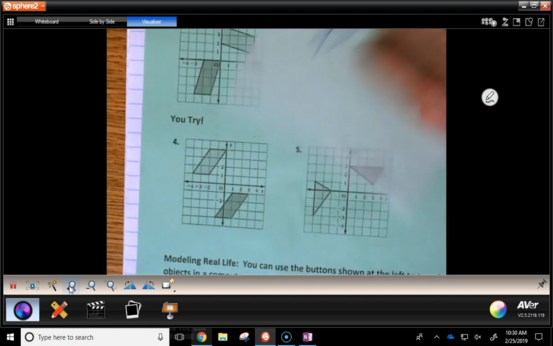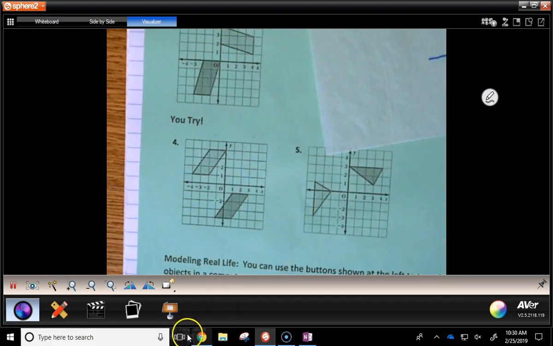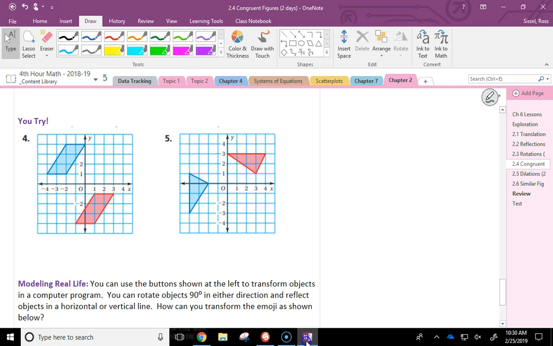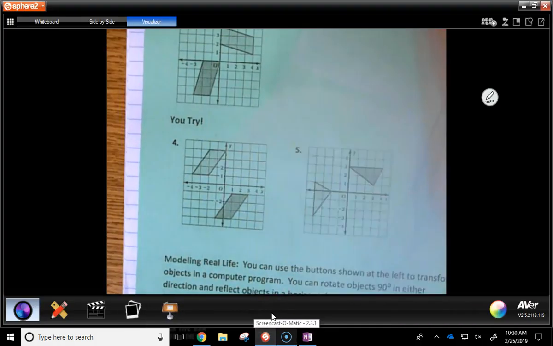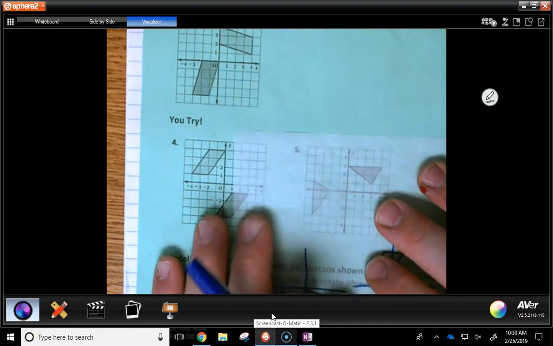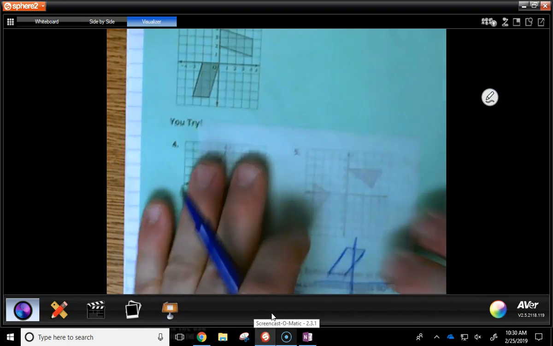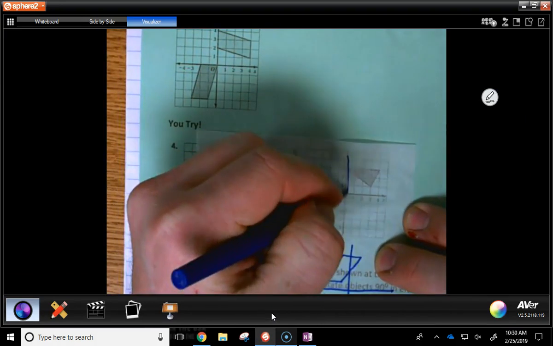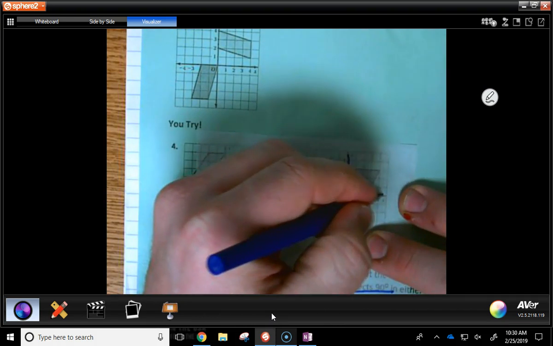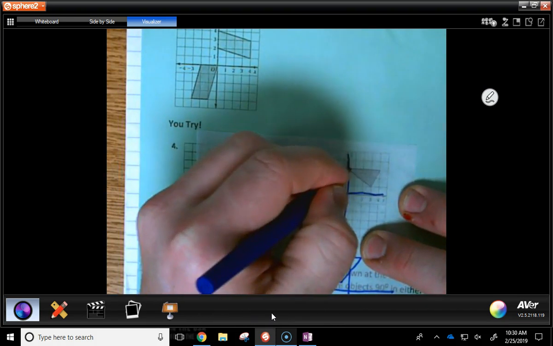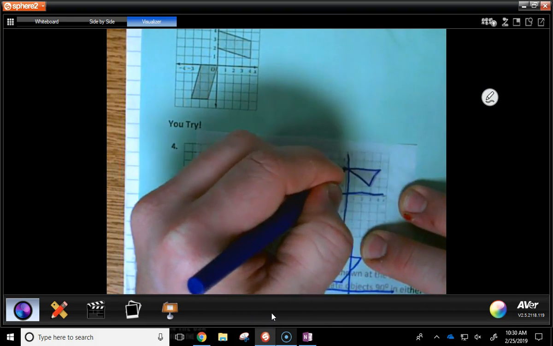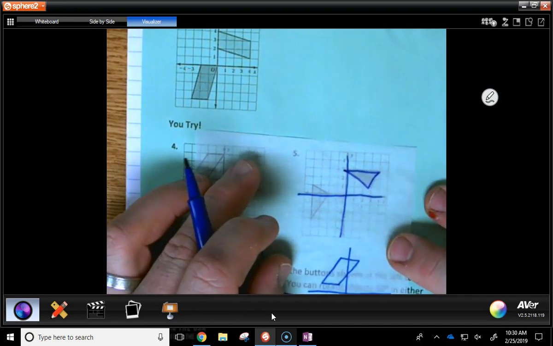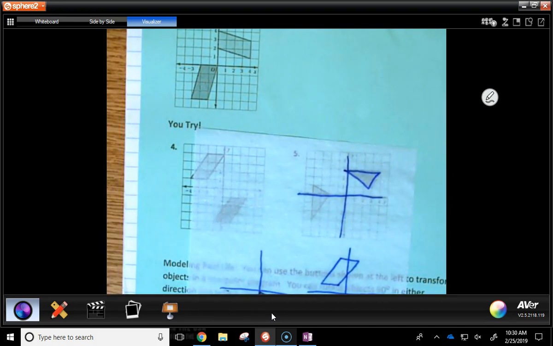Okay, last one. Red triangle's on the top right. I take my tracing paper again. How do I get from the red triangle to the blue? Sydney?